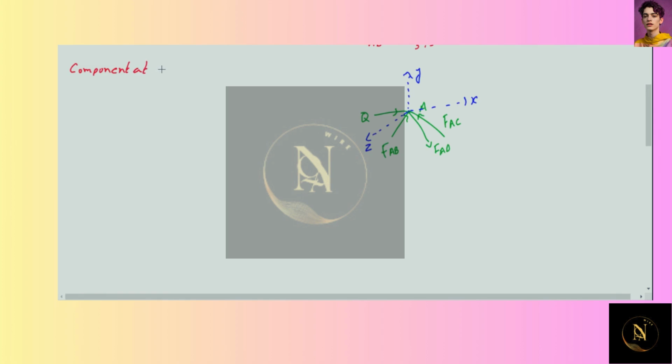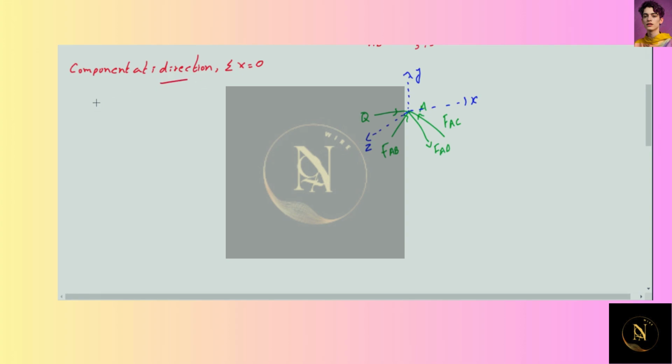To find the component in the I direction, we need to find summation along x equal to 0.